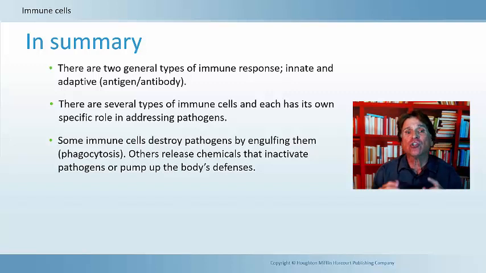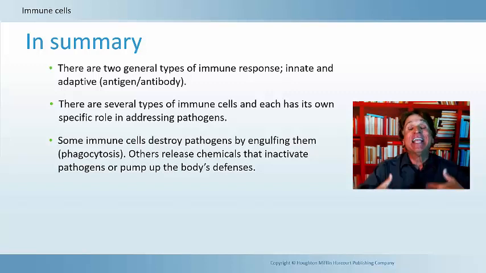Some immune cells destroy pathogens by engulfing them, and we call that phagocytosis. And once they get inside, the immune cell then inactivates them and breaks them down. Other immune cells release chemicals that inactivate pathogens, or these chemicals pump up the body's defense.